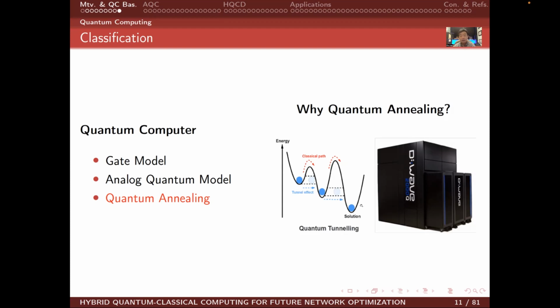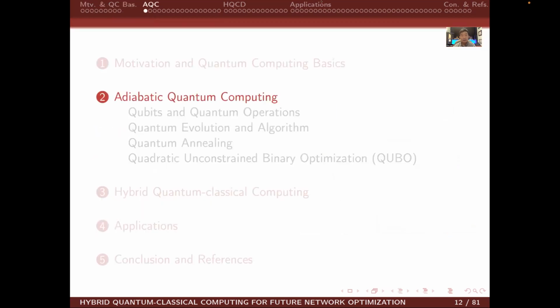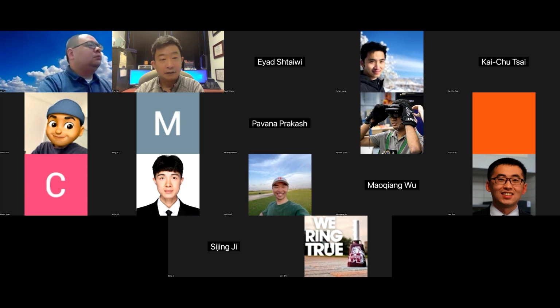The one with the lowest energy will have the highest probability. In this case, with high probability, you can get the global optimum. So this is the basic idea of quantum annealing compared with classical annealing. It has a huge advantage. And next, I will switch to Dr. Fan.